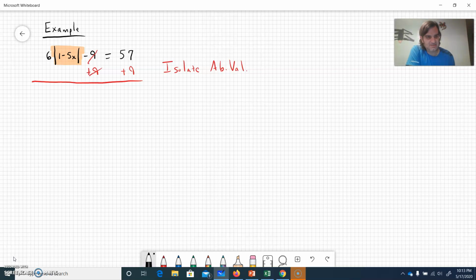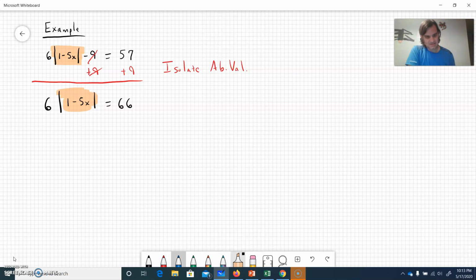That leads me to 6 absolute values of 1 minus 5x equal to 66. Well, that's a good number considering what I see here. I'm still trying to get that absolute value by itself, so don't jump ahead and try to solve it some weird way.